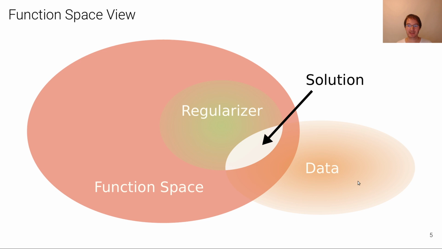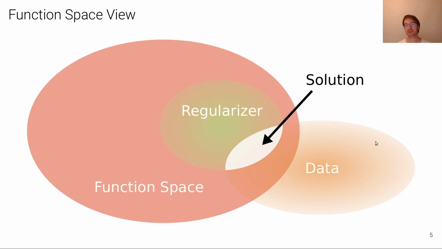Similarly, the data, the training data, is also a constraint because we are minimizing some negative log likelihood error. We're maximizing the likelihood of the data. And so this can also be viewed as a constraint on the function space. And the solution that we're seeking really lies here somewhere at the intersection of the function space and the regularizer and the data.